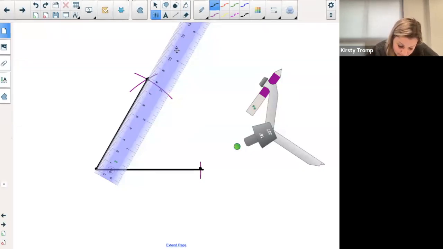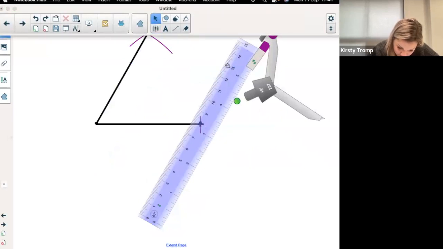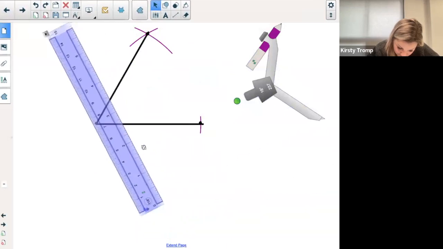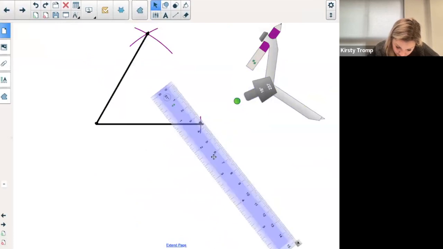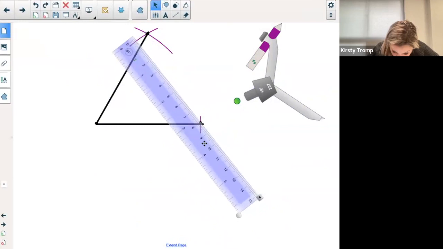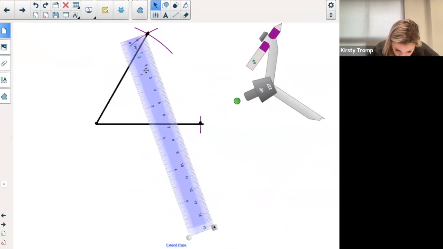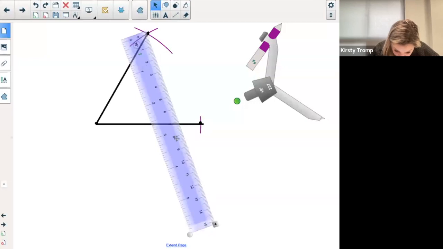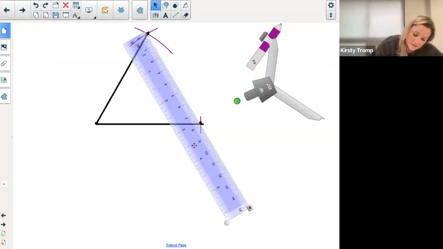And if I move my ruler and flip them around a little bit, hopefully it's a bit easier on your side. From that point to that point, it is, look at that, 8 centimeters.